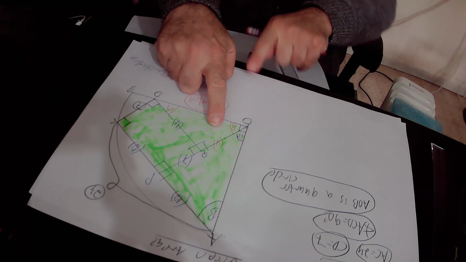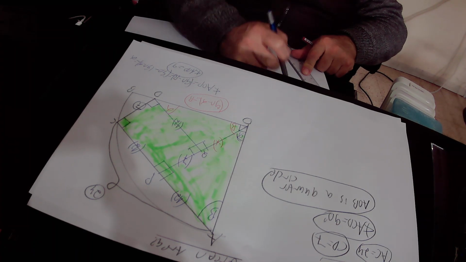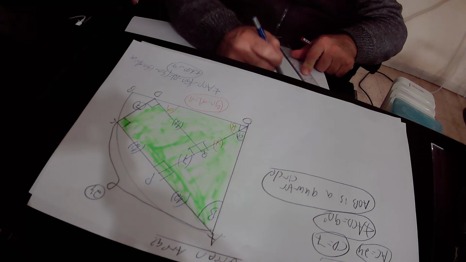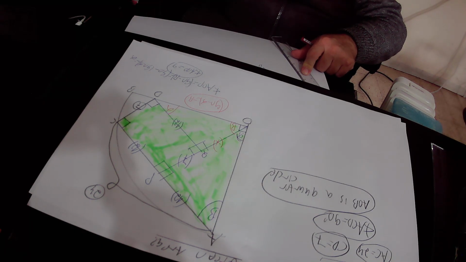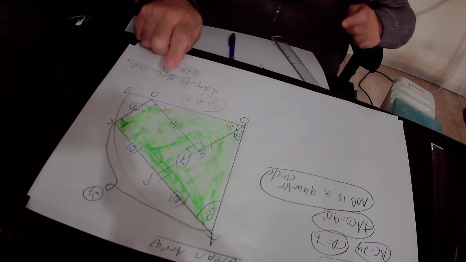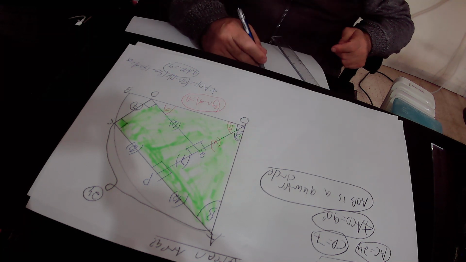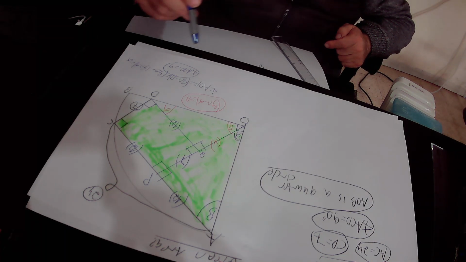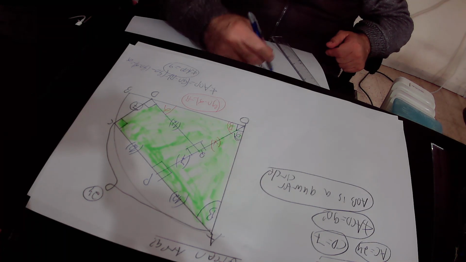Side OQ equals X according to our definition. And side QD equals 12 units. Angle OQD equals alpha.